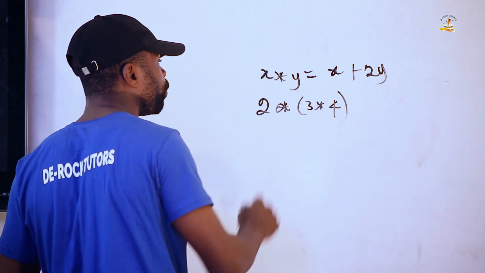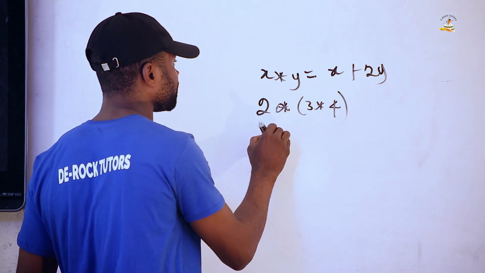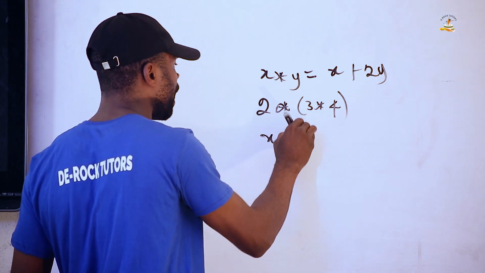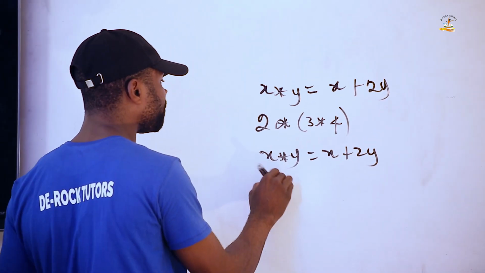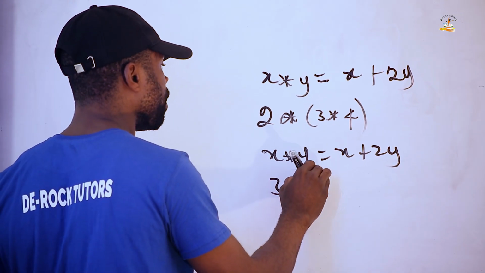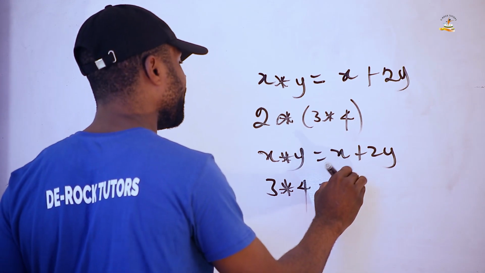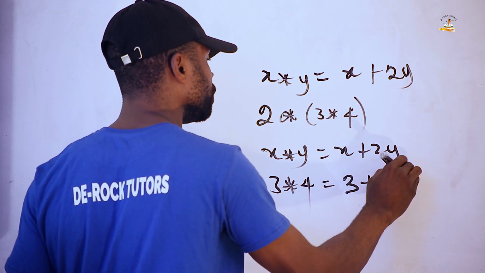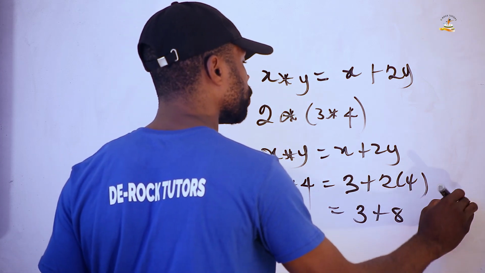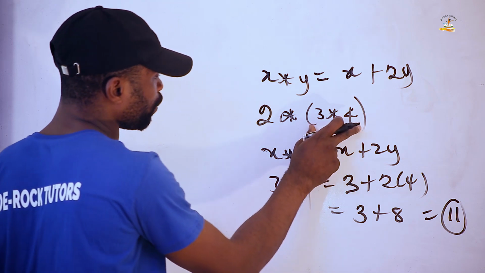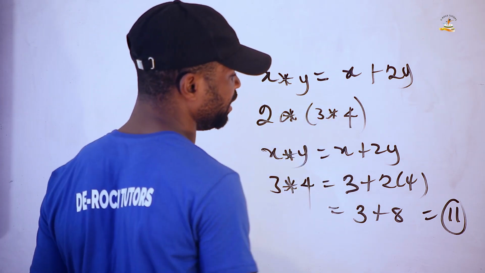We are going to resolve the one within the brackets, as x * y equal to x plus 2y. So comparing with 3 * 4, we have 3 plus 2 into 4. This one will give us 3 plus 8, which is equal to 11. Meaning that the result of this one within the parentheses is 11.